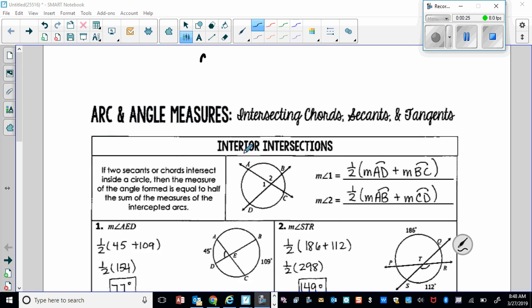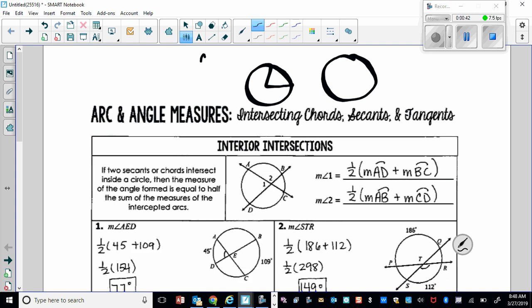So the first formula we're going to go over, just to quickly review, we talked about how whenever you have a circle and we have a central angle, we talked about that. And then we also talked about when we have a circle and an inscribed angle.